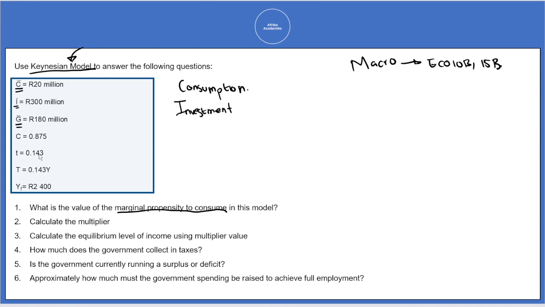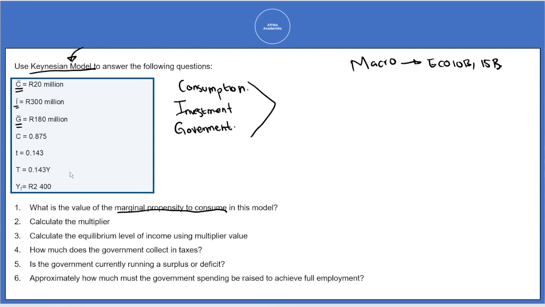And then over here we have G. So G is showing us the government spending. This is very important information in this topic. So we have consumption, and then we have investment, and then we have government spending.